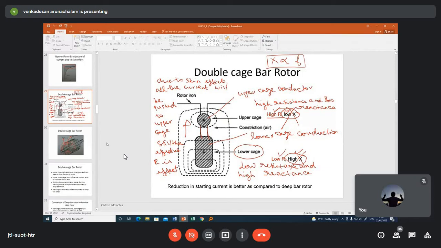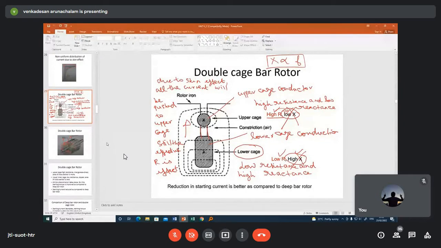You have two slot positions. One is the upper cage, another one is the lower cage. In the upper cage, we have certain conductors, and in the lower cage, we have certain conductors. Both are connected together using one small rod-like conductor structure.